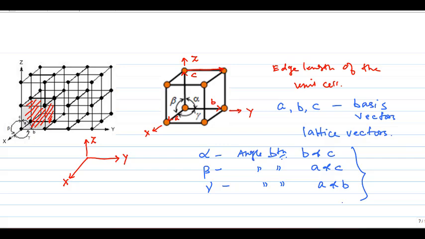So these parameters, that is A, B, and C, the edge lengths or the basis vectors, and alpha, beta, and gamma are known as lattice parameters, which will define a particular type of unit cell corresponding to a particular type of crystal structure. Okay. So we have defined the lattice parameters.